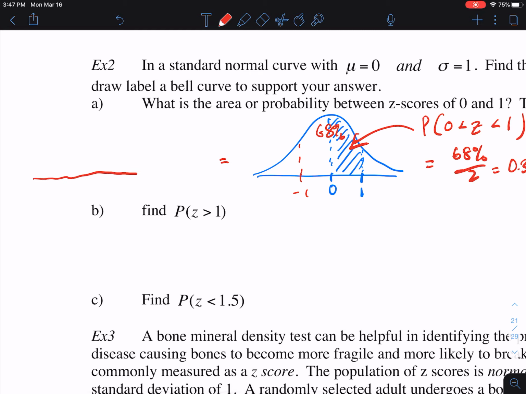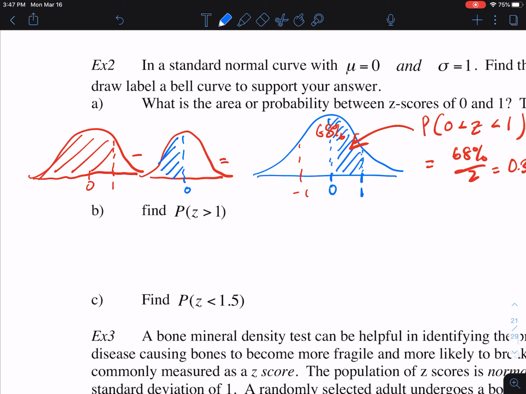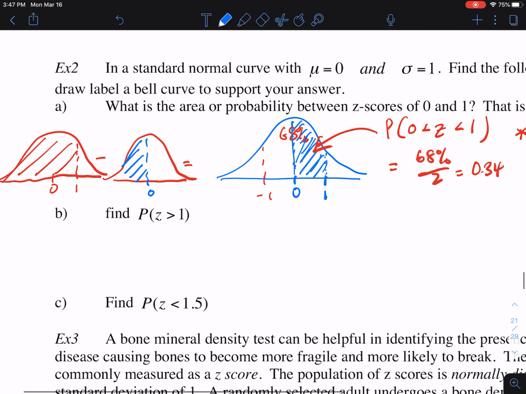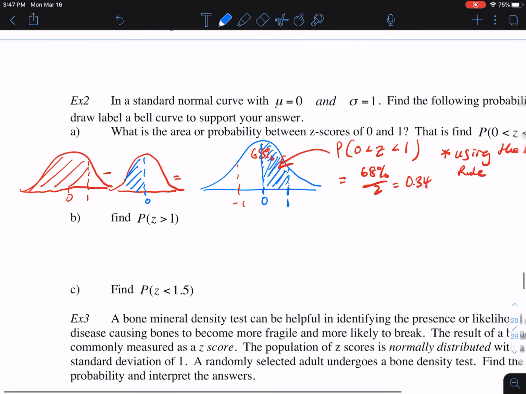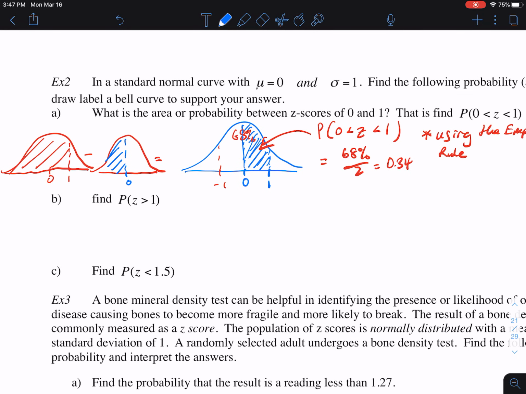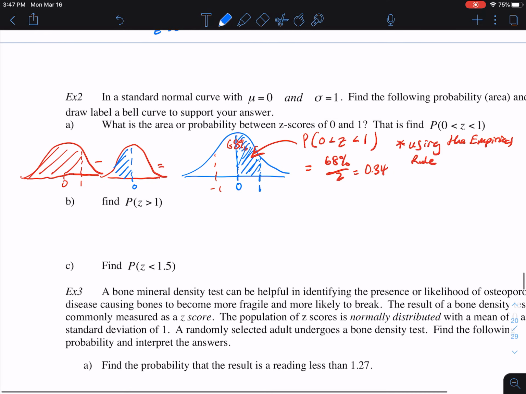We can find the area entirely to the left of 1 standard deviation minus the area to the left of 0. And that will give us the intersection, the middle part here. So it will probably take us longer to use a z-score table. All right, let's move on to part B.